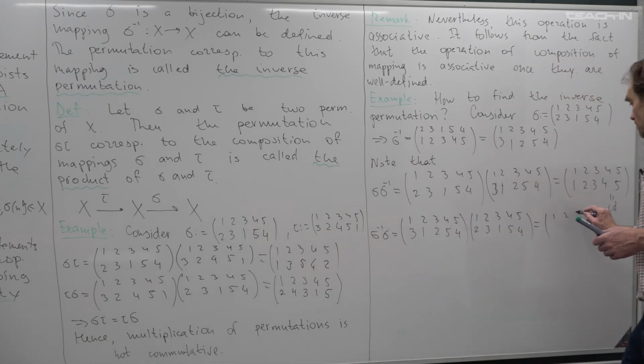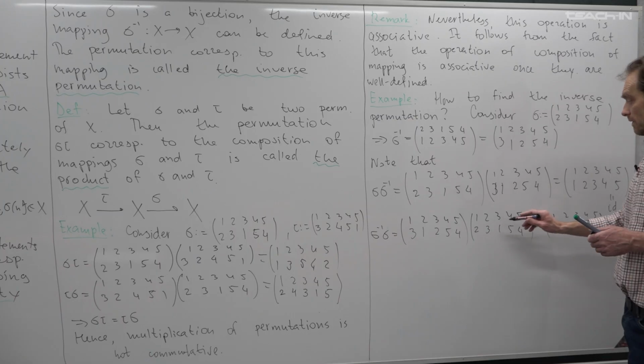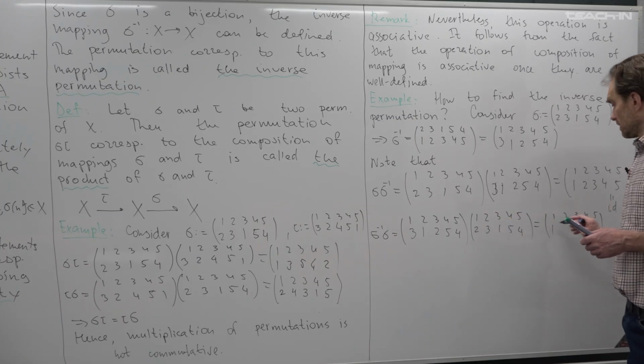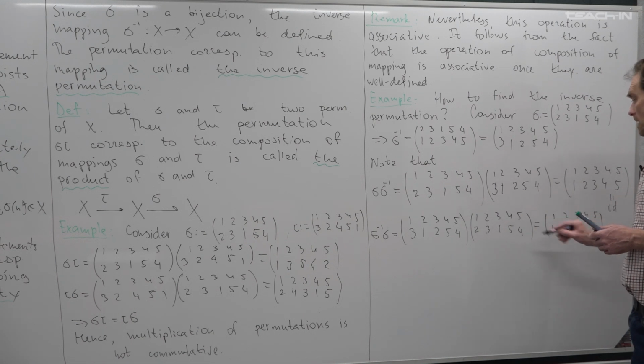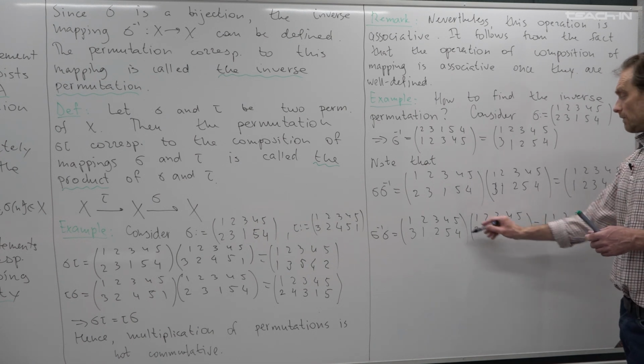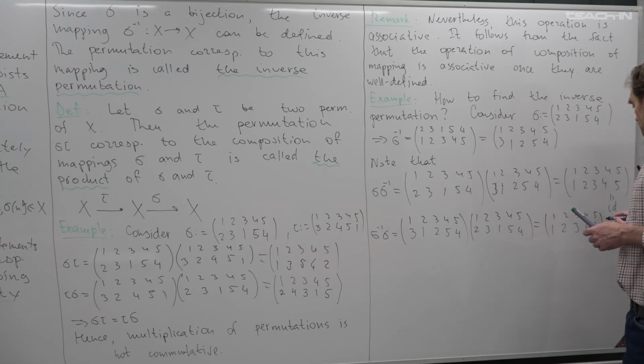So 1, 2, 3, 4, 5. So what do we get here? 1 goes to 2, 2 goes to 1. Fine. 2 goes to 3, 3 goes to 2. 3 goes to 1, 1 goes to 3. 4 goes to 5, 5 goes to 4, and 5 goes to 4, 4 goes to 5. Okay, so that's also the identity permutation.